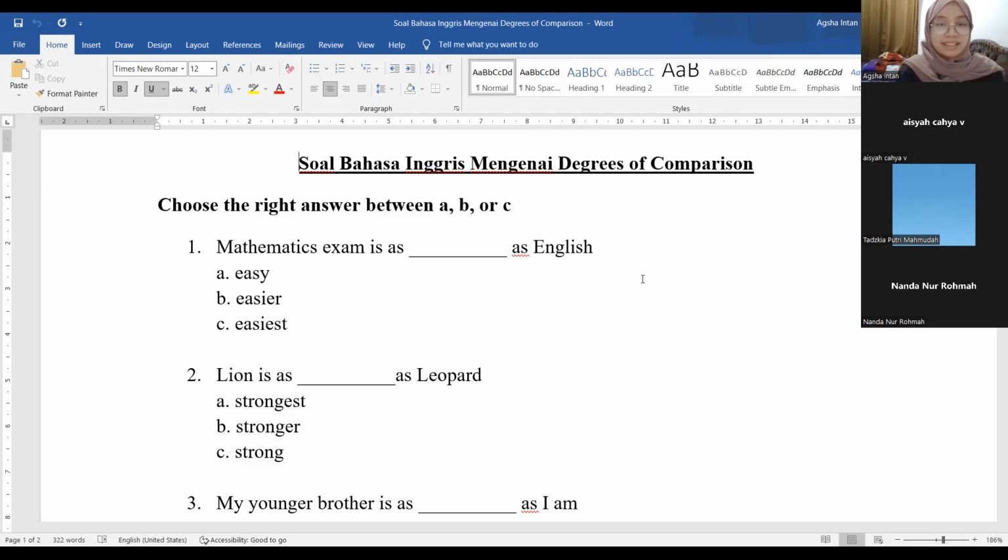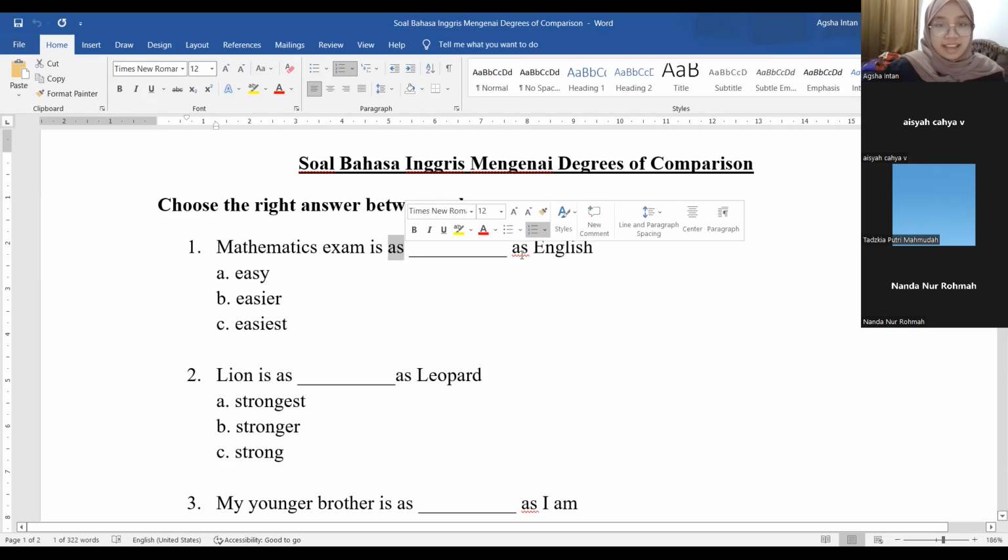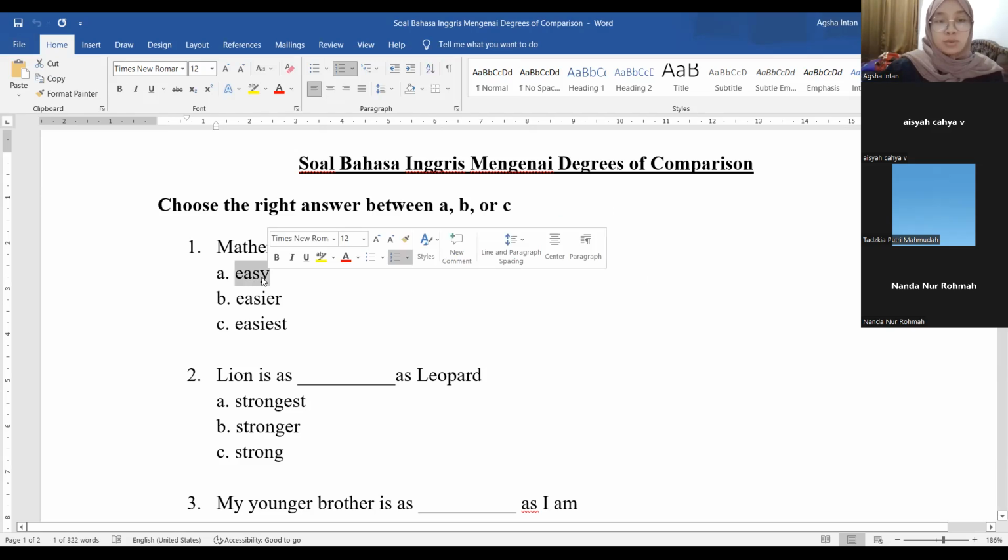Mathematics exam is as easy as English, right? You just need to spot the as here. It indicates that the answer is positive, which means the word doesn't need any other endings like est, er, or more, or most, because it is positive degree.